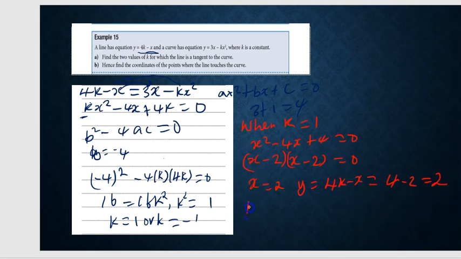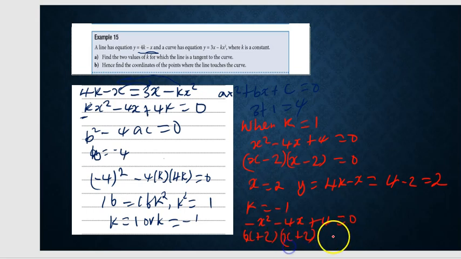When k is equal to negative 1, we are going to have negative x squared minus 4x plus 4 equals 0, such that we can have x plus 2 and then x plus 2.